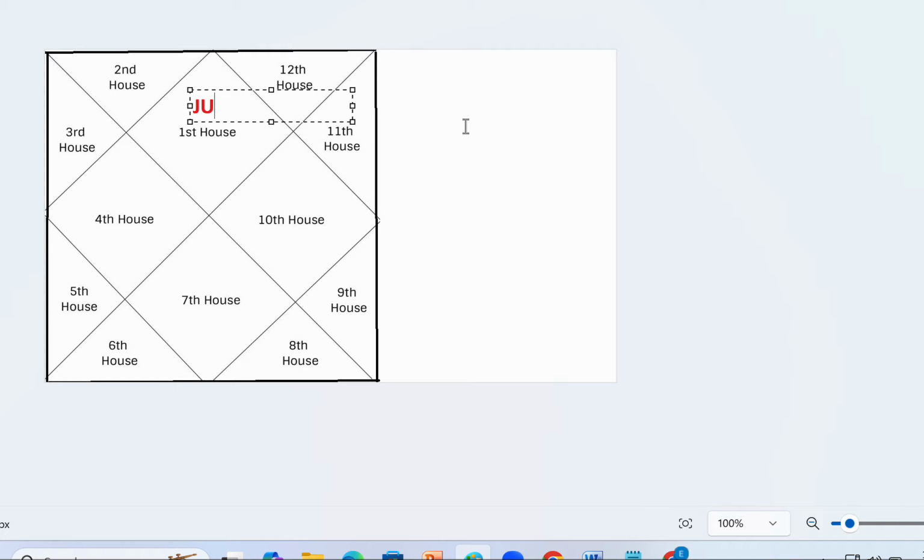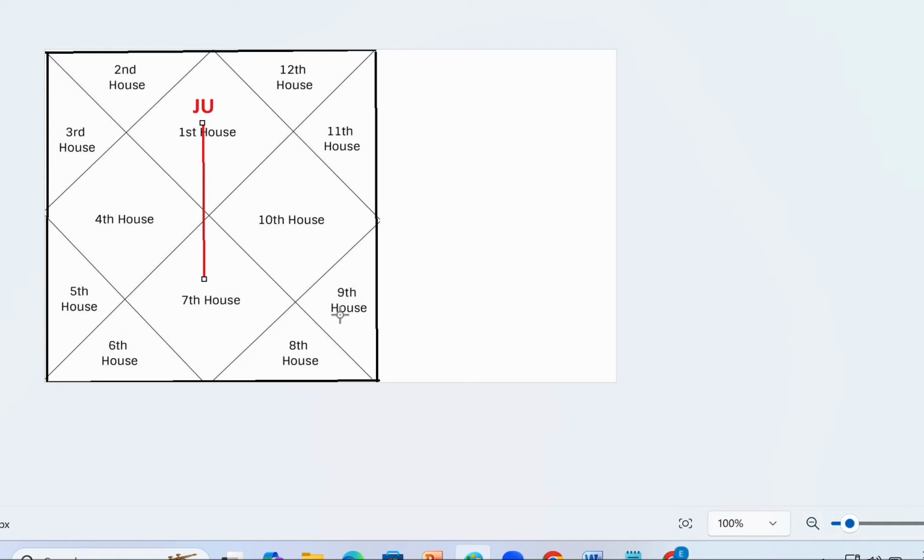The direct vision, like light, travels in a straight line. This is the seventh aspect: 1, 2, 3, 4, 5, 6, 7. Sitting in the first house, it is looking at the seventh house.